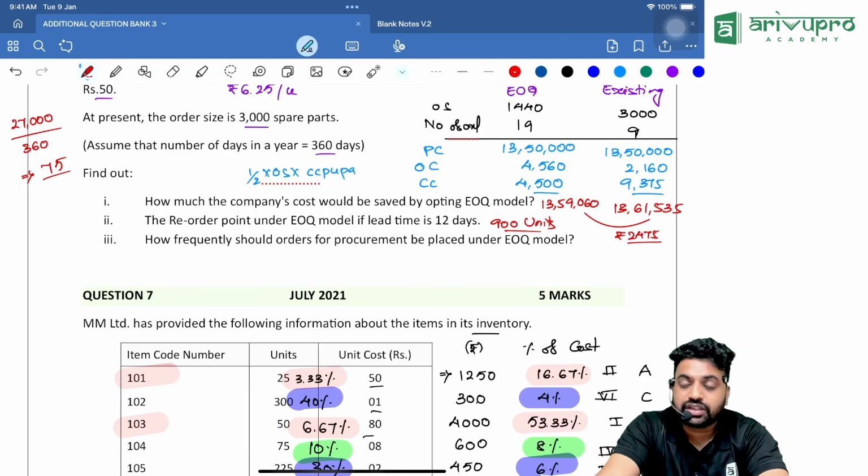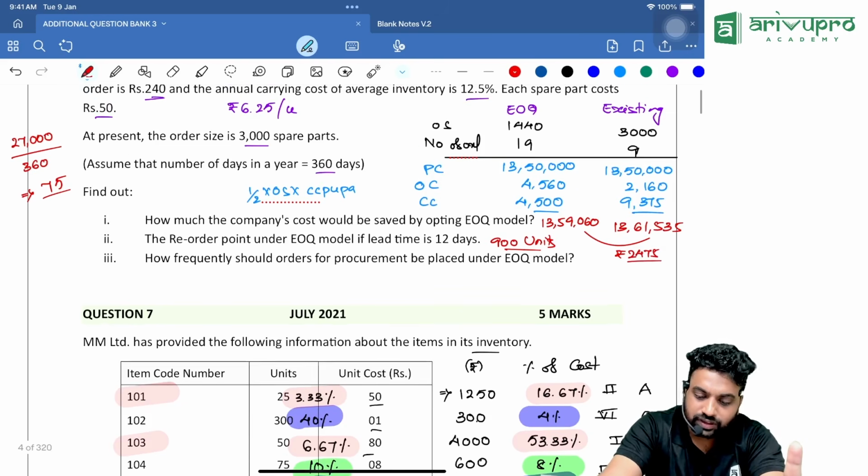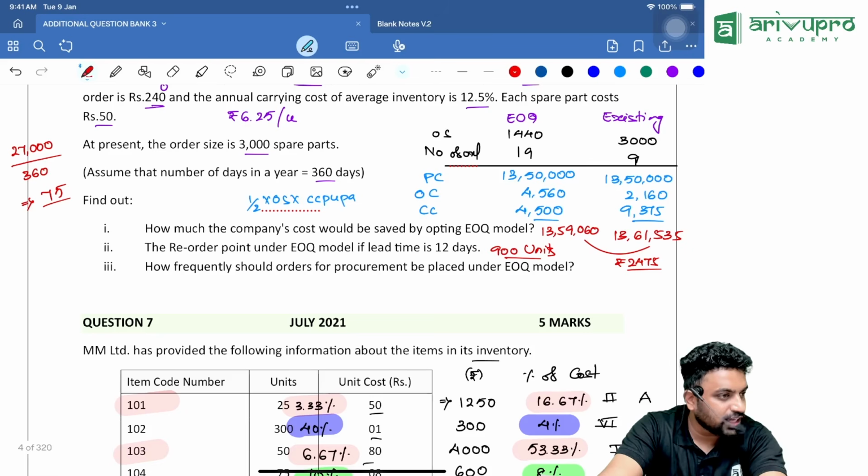Now try to understand. Along with this question, they might also ask you, today if we placed the order, after how many days we should place the next order? Now try to understand. One, you can compute it in the normal way.